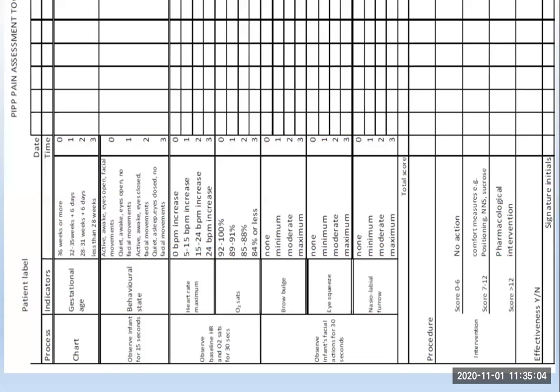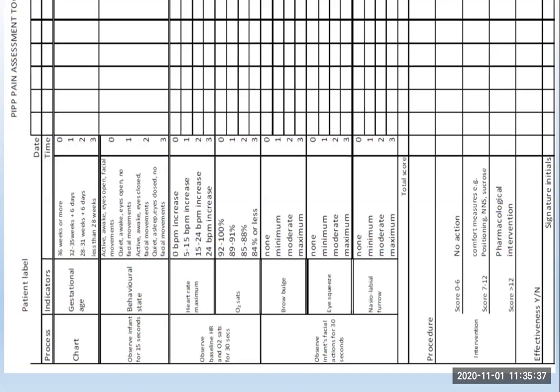Alternatively, we can make a printout of this score and write the name of the patient, date and time of doing the procedure, and for each step of assessment like gestational age, you just tick the score. And at the end, you do the total score.